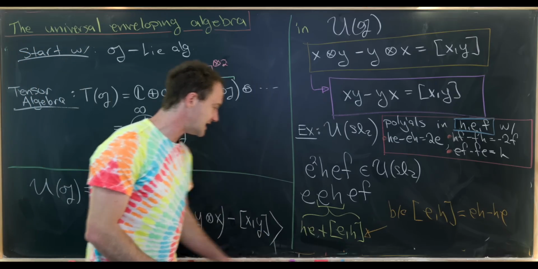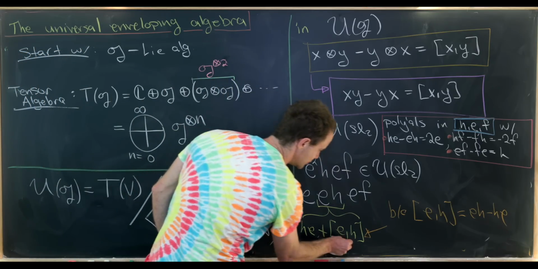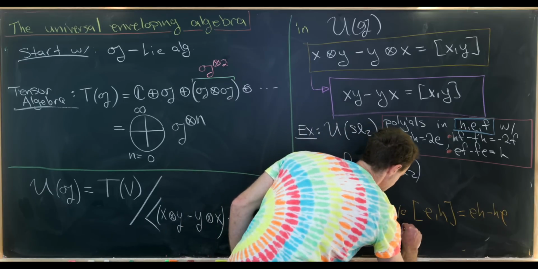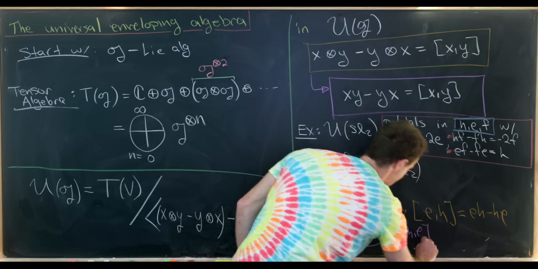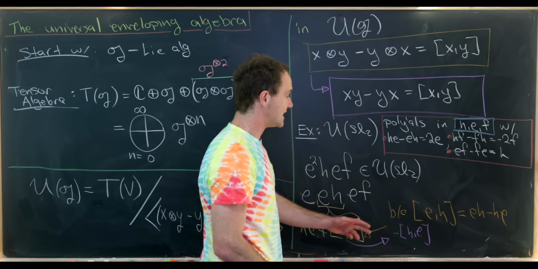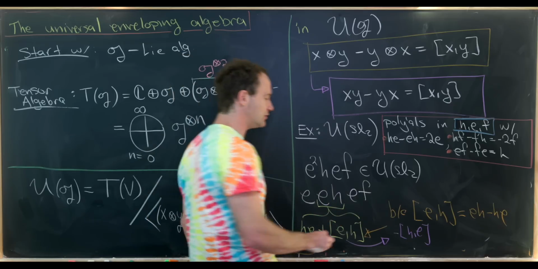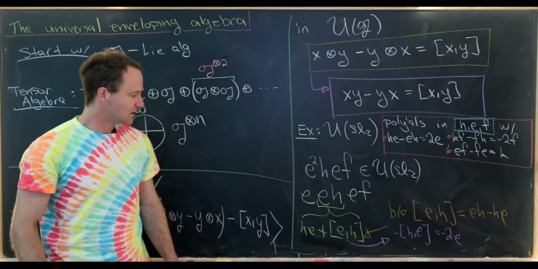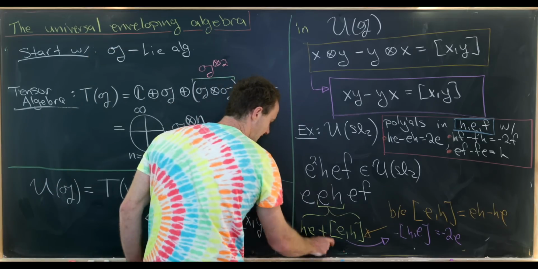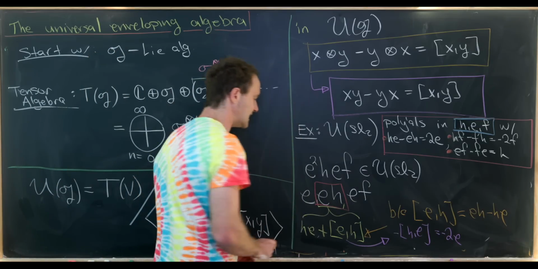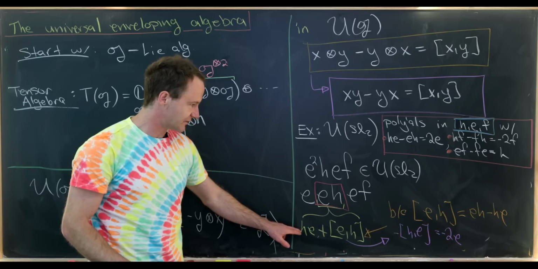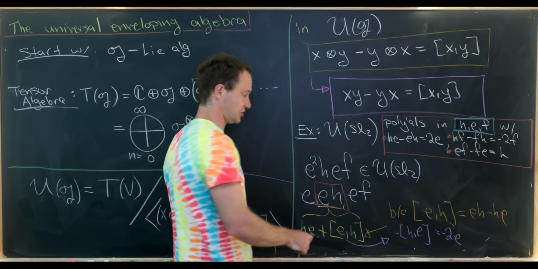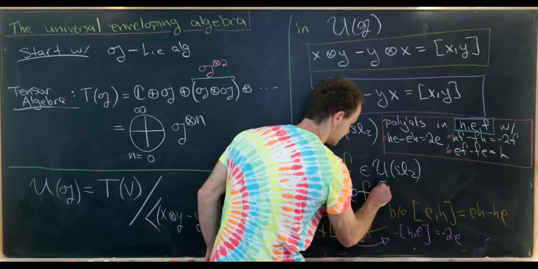In fact, EH is equal to negative HE by the skew symmetry, but HE is equal to 2E. So this is equal to negative 2E. So let's see, we can take this entire thing right here, EH, and we'll replace it with HE minus 2E. So let's do that.